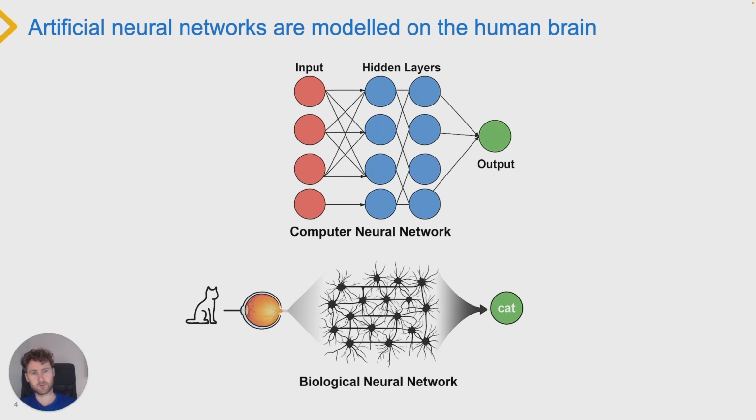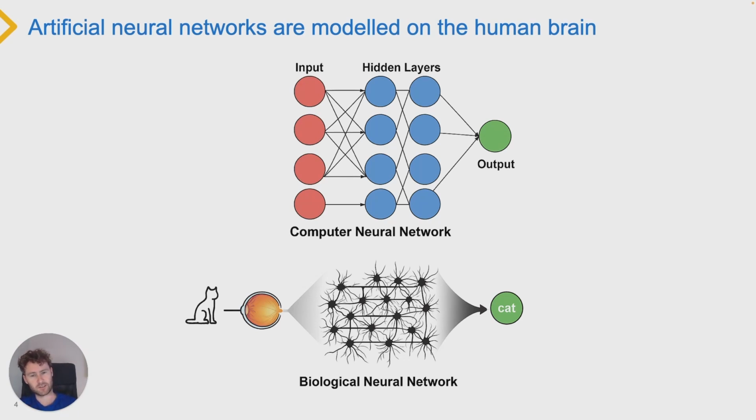The original thinking was, how can we make an intelligent computer? Well, the best example of intelligence that we know is the human brain. So what if we made an artificial computer that works and looks a little bit like a human brain? There's an analogy here to how an artificial neural network works and how the brain works.